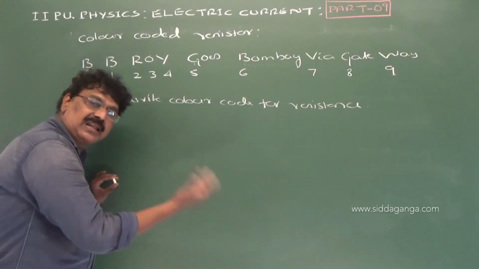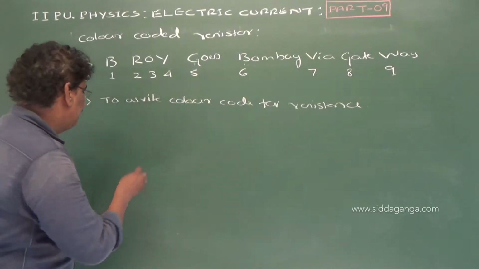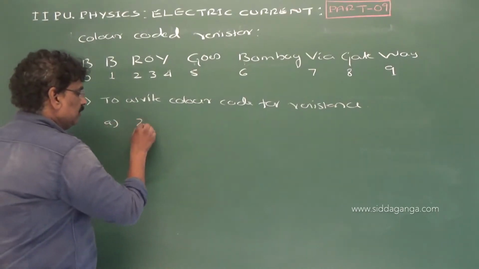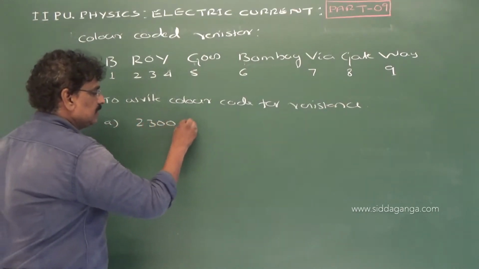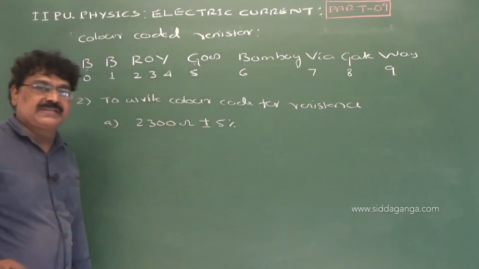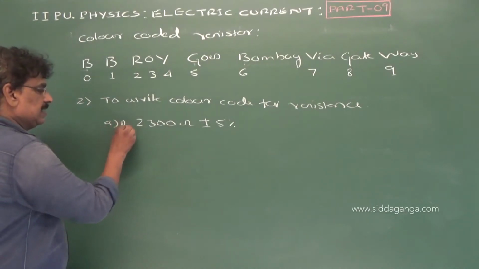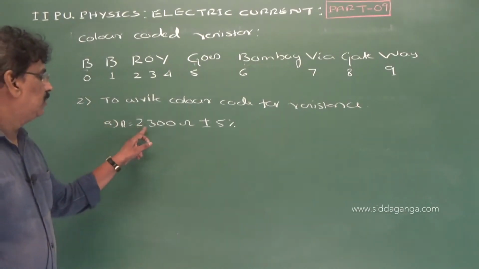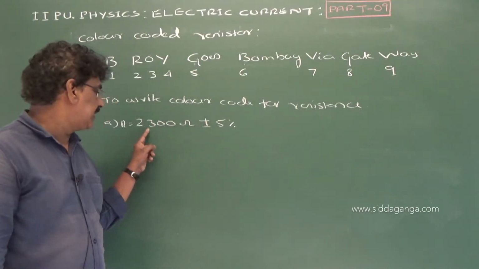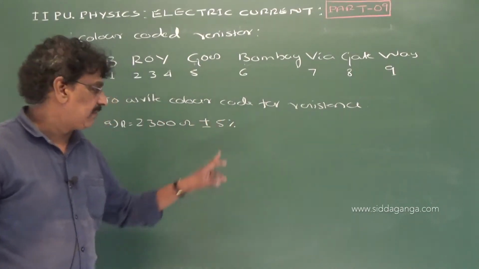Now we will write color code for the given resistance value. Say A, we have 2300 ohm plus or minus 5%. Resistance R is equal to 2300 ohm, that is 2300 ohm plus or minus 5%.